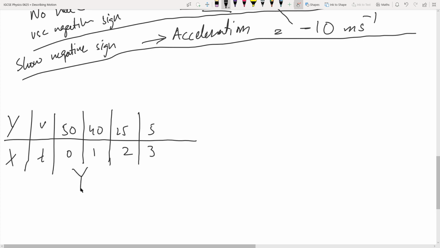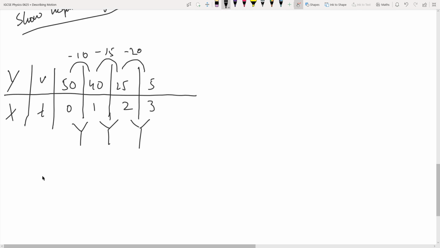So the trend, if you look at this for acceleration, the difference is 10, the difference is 15, and the difference is 20, and this is in minus, so that's the minus sign over here. Why? Because the higher value is smaller and the lower value is bigger number, so the difference is going to be negative. That is why we call it negative acceleration, right? So if we talk about acceleration, then this is going to be minus 10, minus 15, and minus 20.